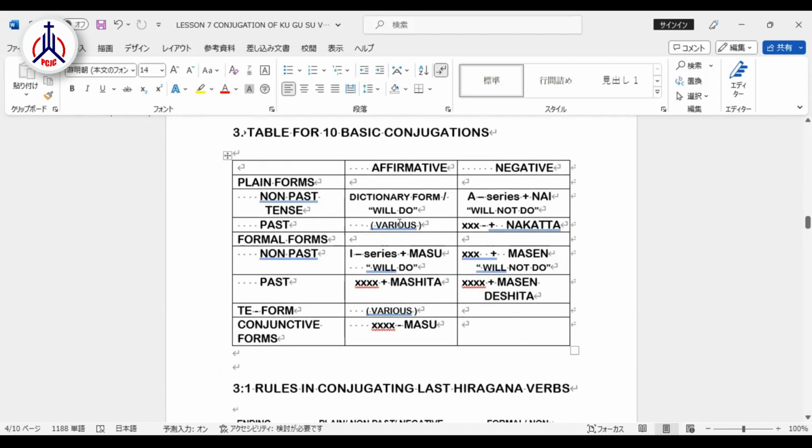So this is the table for the 10 basic conjugations. Just like the ru-dropping verb, the same table. We have the plain form, which is the casual. We are always saying this, the casual.